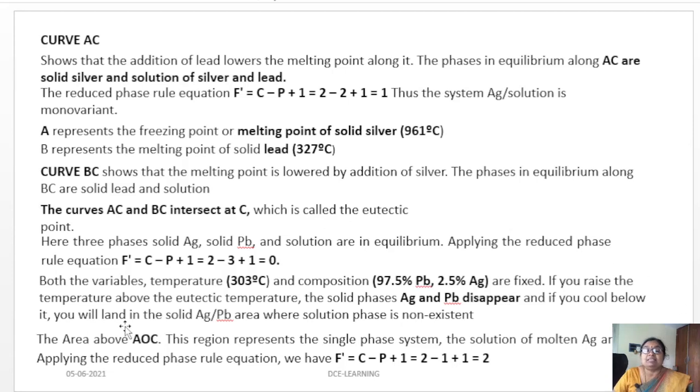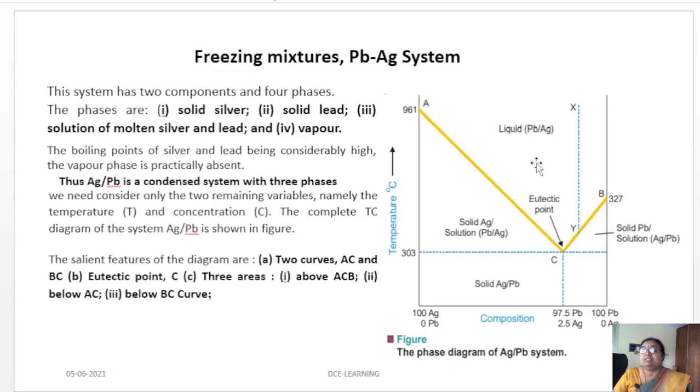If you raise the temperature above the eutectic temperature, the solid phases of Ag and lead disappear. If you cool below it, only solid Ag and lead exist, where the solution phase is not present. The area above is a single phase system, the solution of Ag and lead; applying the reduced equation, it is bivariant.